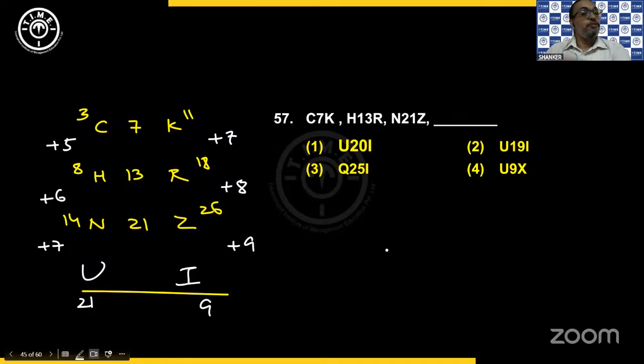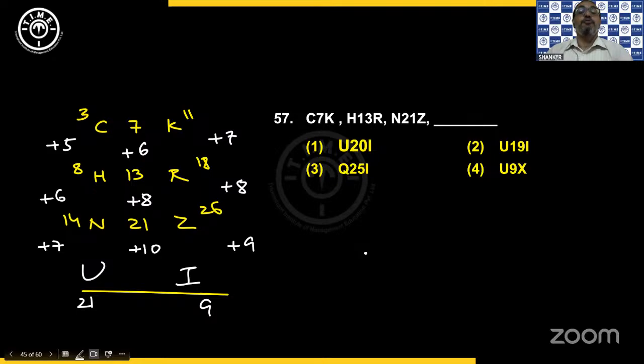There are two options. If there was only one option, you could have simply marked that. But here again, look at the numbers. Here you have plus 6, here you have plus 8, correct? But if I do plus 10, because if I take even numbers there, 6, 8, and 10, then I should get 31.